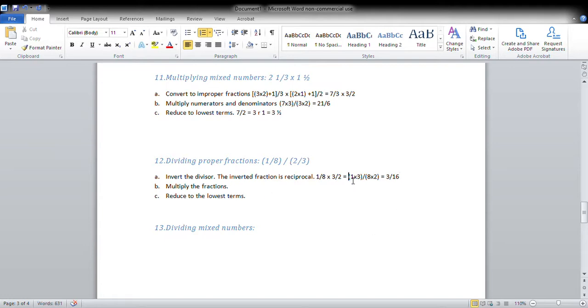Sorry, I got ahead of us there: multiply the fractions, then reduce to lowest terms.